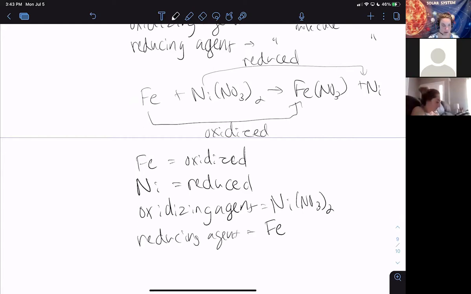Any questions about that? Okay. You guys will not be balancing redox reactions. You did that on the take home, but you should be able to identify if things are being oxidized or reduced. You should be able to identify the oxidizing or reducing agent. Okay.